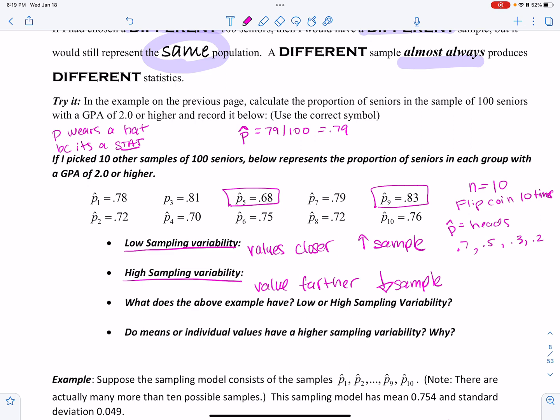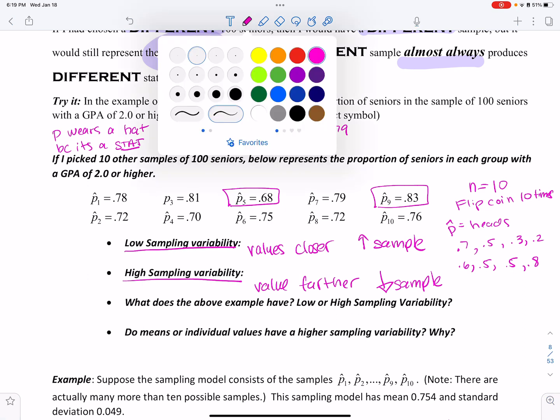And maybe another 0.5, another 0.5, maybe a 0.8. Anyway, I'm going to get a high sampling variability because you can see that 10 flips is not enough to get close enough to see what the actual true value is going to be.